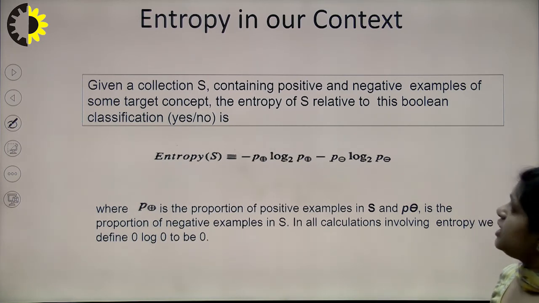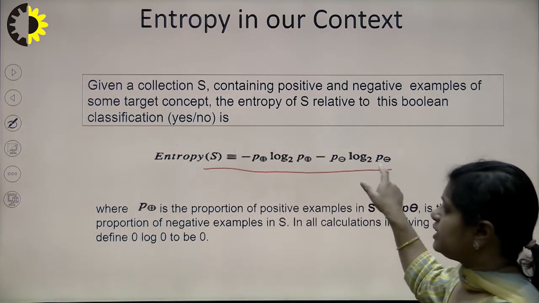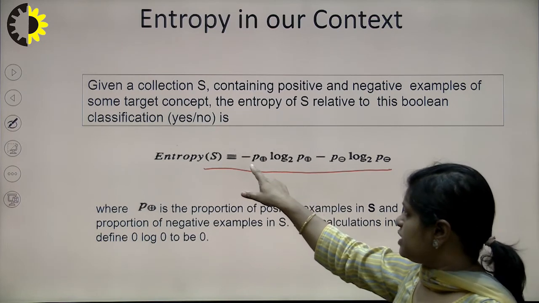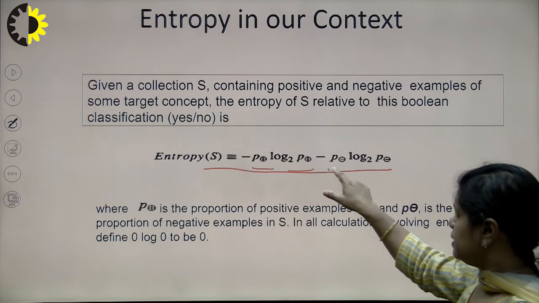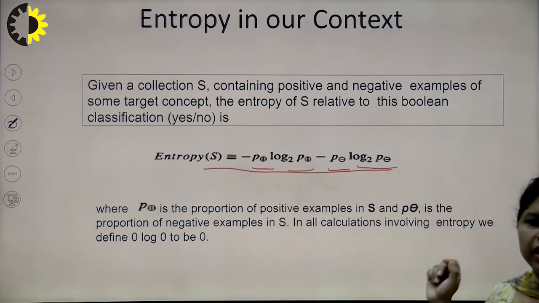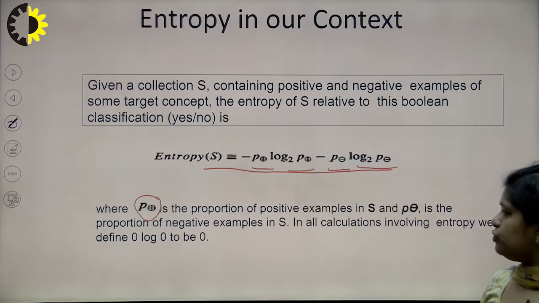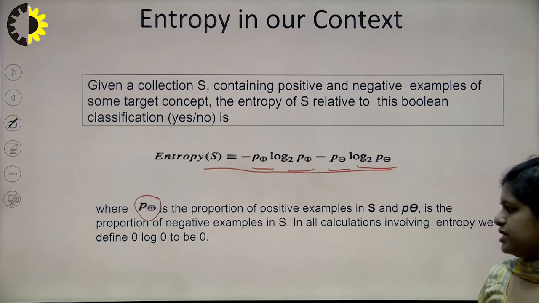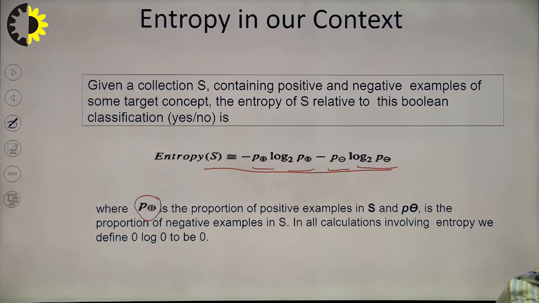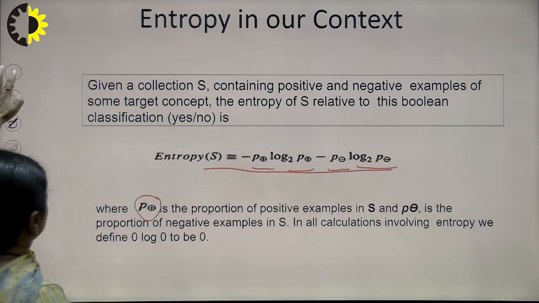The entropy of S relative to this Boolean classification, yes or no, is given by this formula: entropy is equal to minus p positive log base 2 of p positive, minus p negative log base 2 of p negative. Here p positive is the proportion of the positive examples in S, and p negative is the proportion of the negative examples in S. In all entropy calculations we define 0 log 0 to be 0.